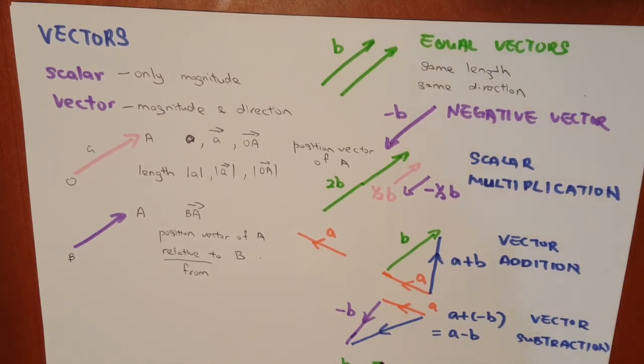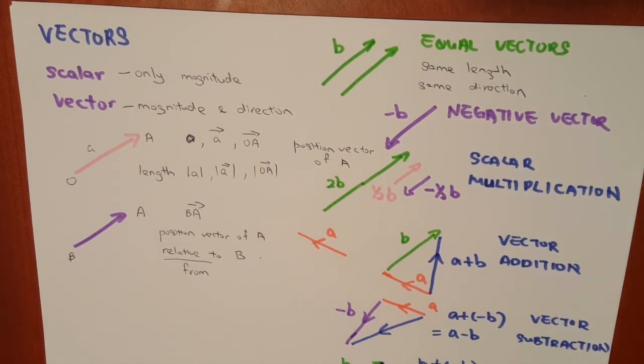The resultant vector, B plus negative B, will be 0. This is called a zero vector, meaning that the point initially has moved from here to here and back to where it originally was, and therefore it does not have a length or a direction. We call this a zero vector.